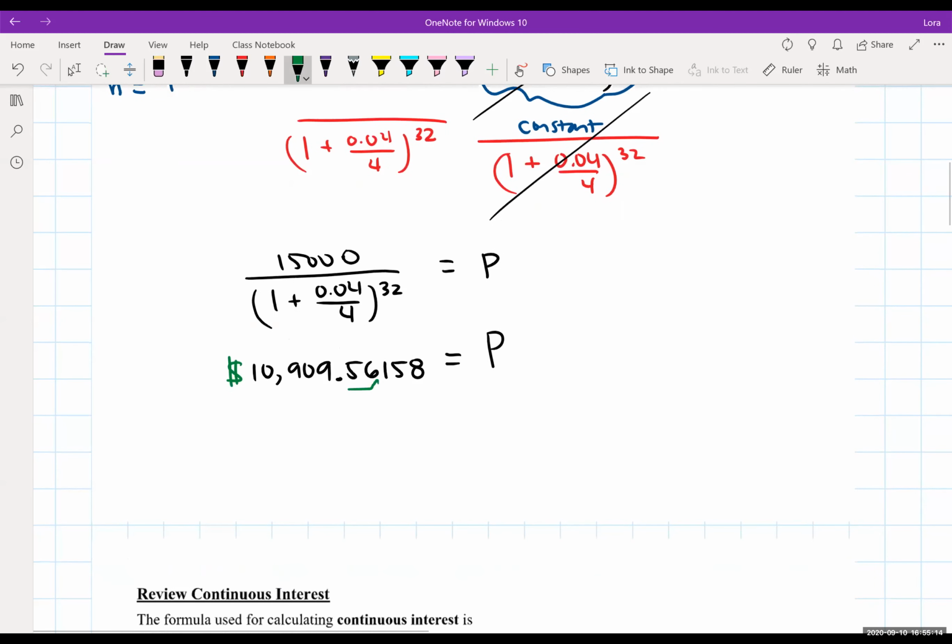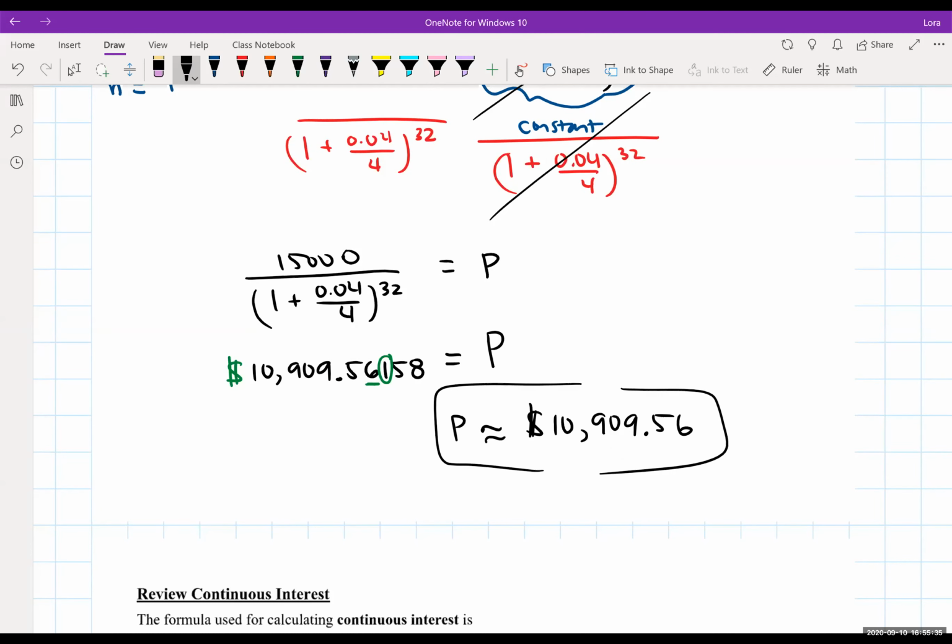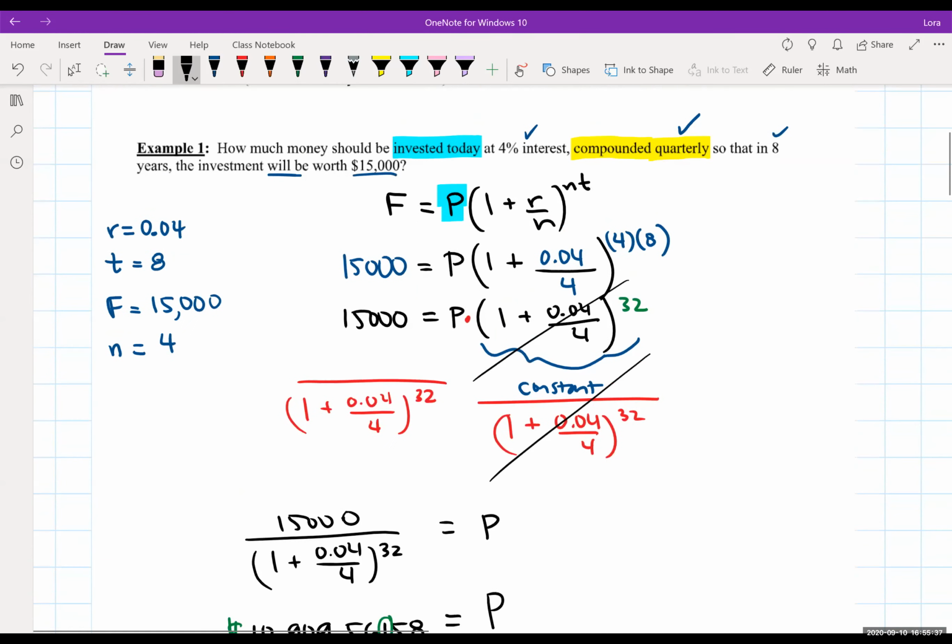I'm looking at the 6 as my digit in question, and the test digit tells us we're rounding to $10,909.56. So that would be the principal we have to invest in order to have the account be worth $15,000 in the future.